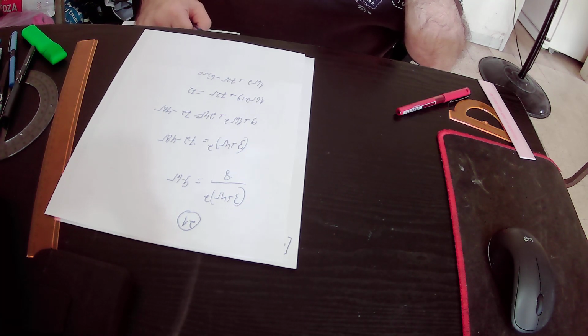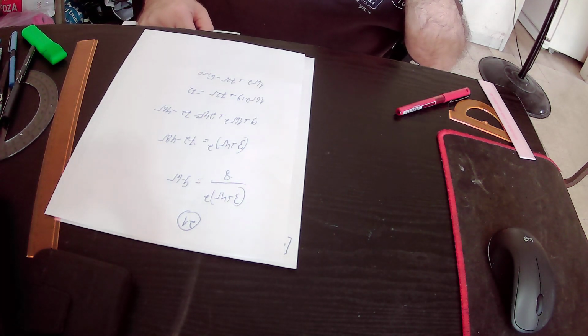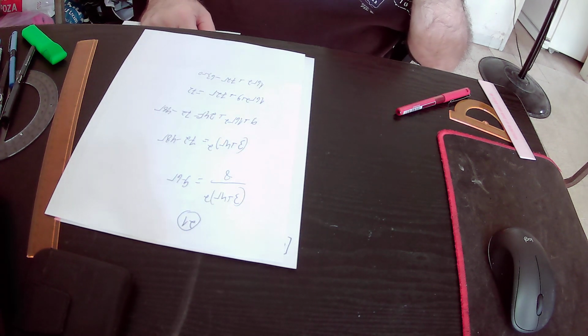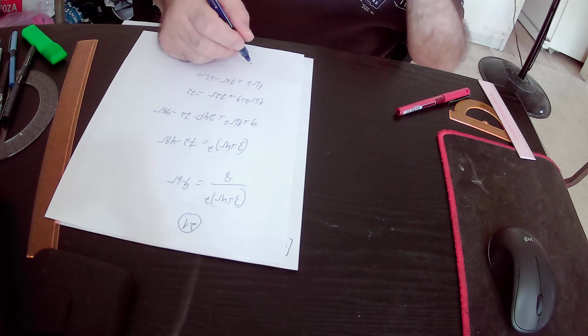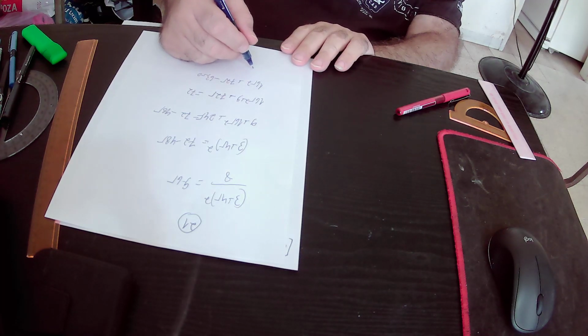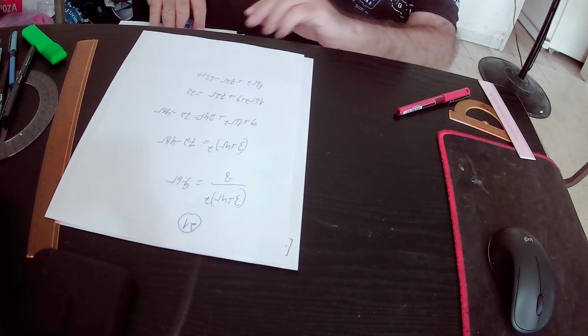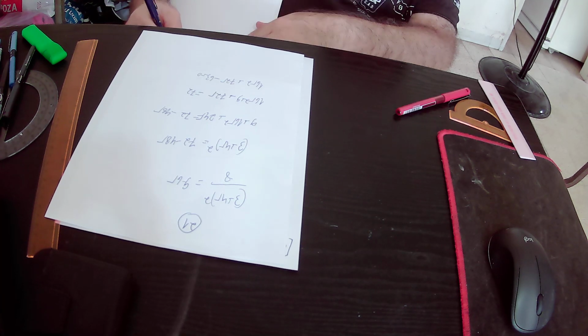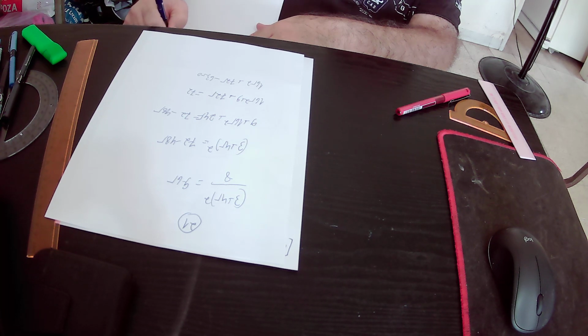Okay, so here we have a quadratic equation. We know that the coefficients of the quadratic equation are a equals 16, b equals 72, and c equals minus 63.